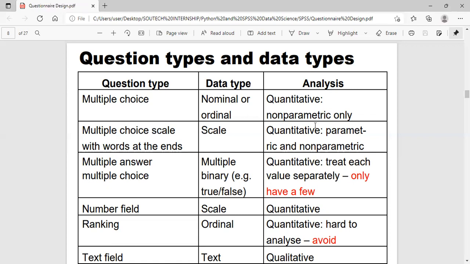Let's say your survey has a question for your respondent to answer, age. And then there's 18 to 28, there is 29 to 38, there's 39 to 48.